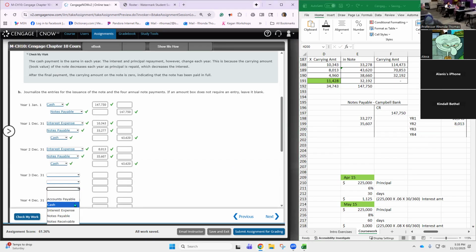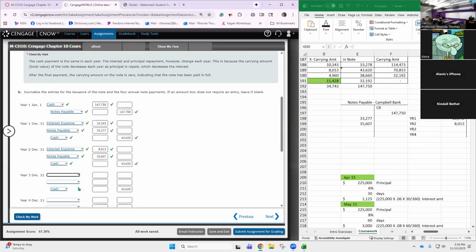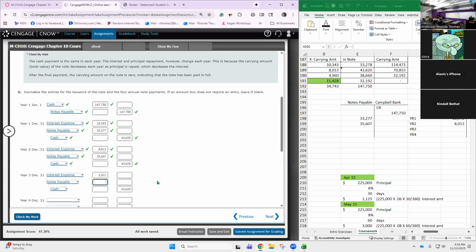So down goes cash for the full amount of the payment. Then our interest amount is $5,521, and we're paying down on our note $38,099.